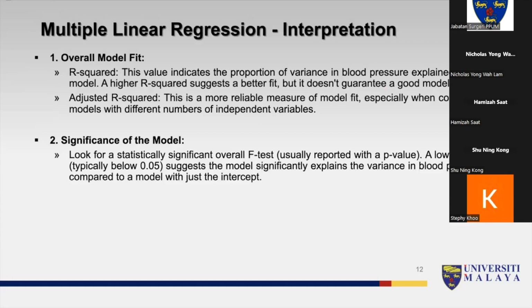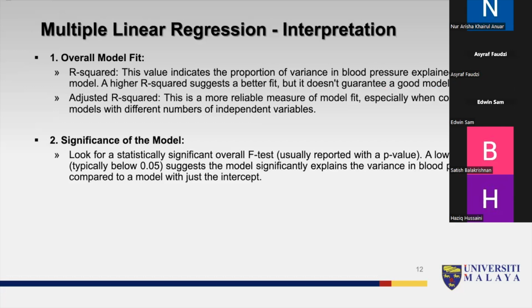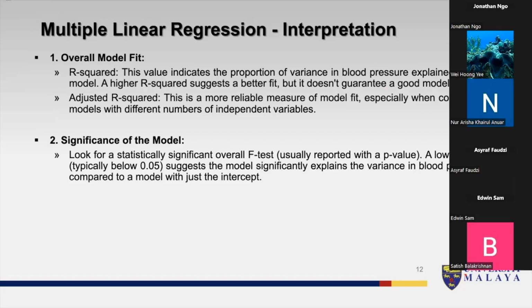So how do we interpret the multiple linear regression? There are 5 points we should observe. First is the overall model fit. You should see the R square and adjusted R squared.